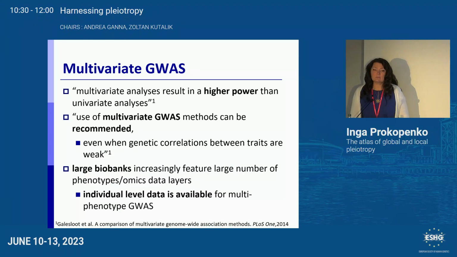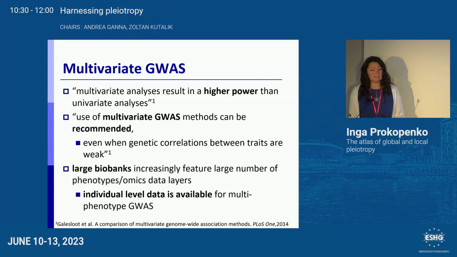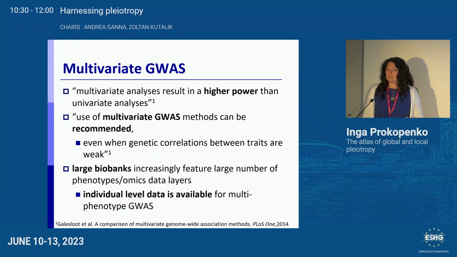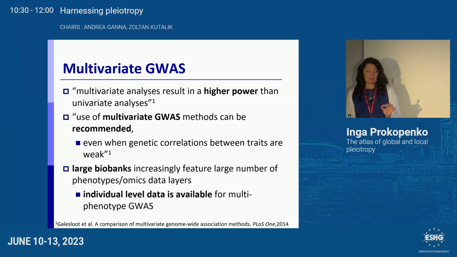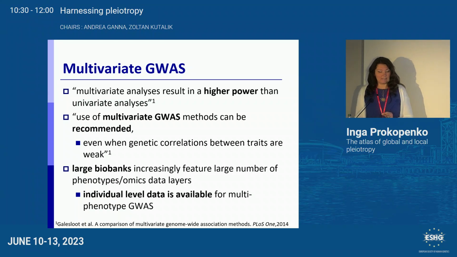So what we do in multivariate GWAS when we want to dissect these multi-phenotype or pleiotropic effects, first of all, we try to gain power as compared to univariate analysis. And actually, this paper has conducted some analysis and made the inference that use of multivariate GWAS methods can be recommended even when genetic correlations between traits are weak, but still some correlation exists.